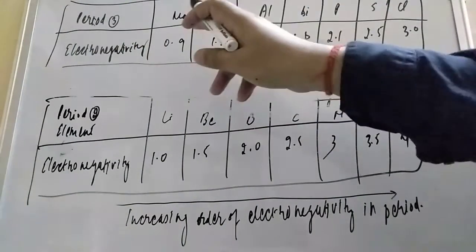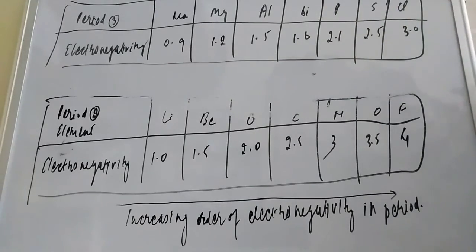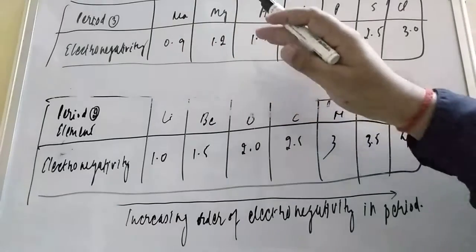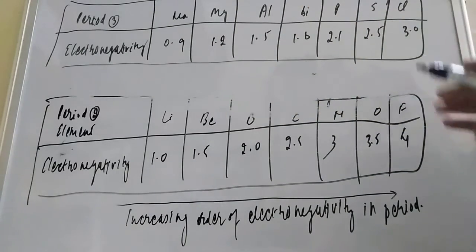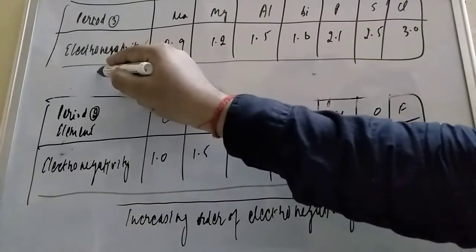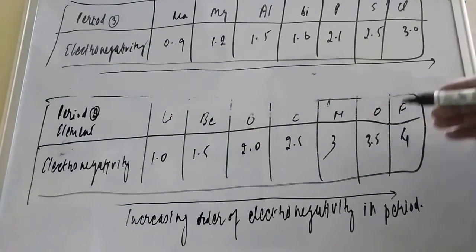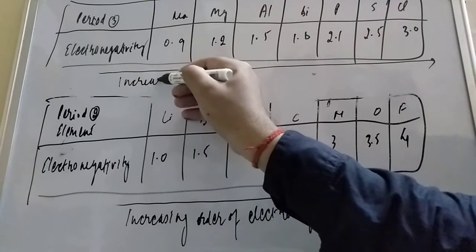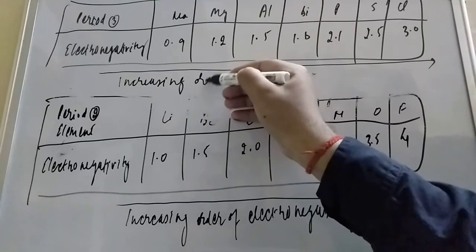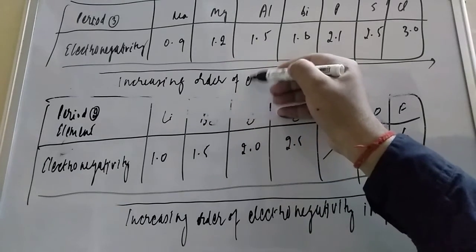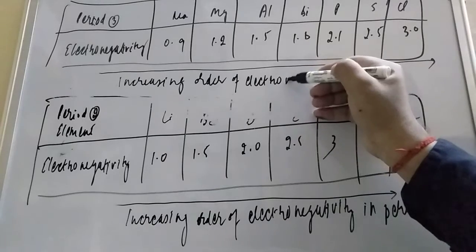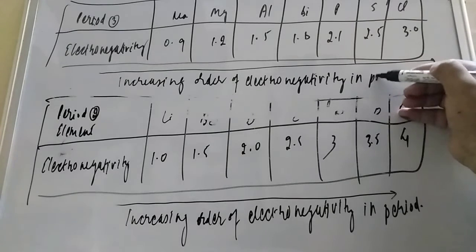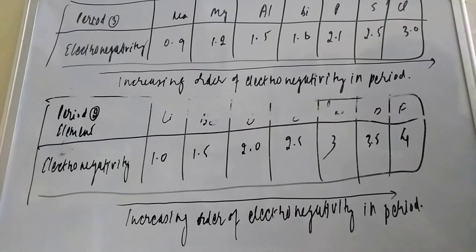You find sodium, magnesium, aluminium, silicon, and the values of electronegativity are 0.9, 1.2, 1.5, 1.8, 2.1, 2.5, and so on. So this keeps on increasing. It means there is an increasing order of electronegativity in the period.